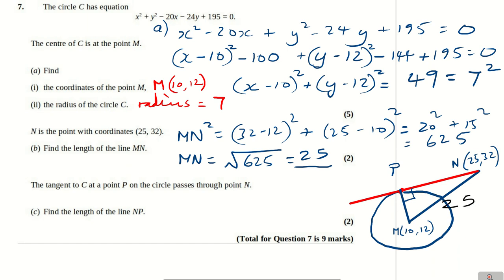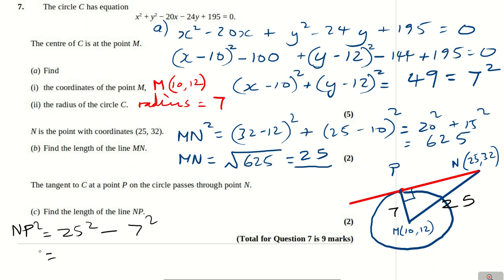Okay, so that's 25. We know that from M to P is just the radius, and we know that that's 7. So I think you can see that just using Pythagoras will enable us to find the length of the line NP without even knowing what the coordinates of P are. And we can just say that NP squared is just going to be equal to 25 squared minus 7 squared.